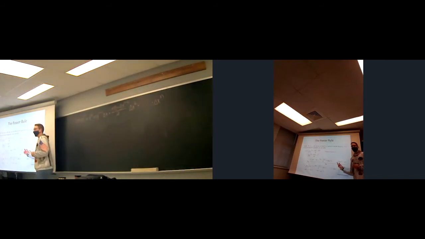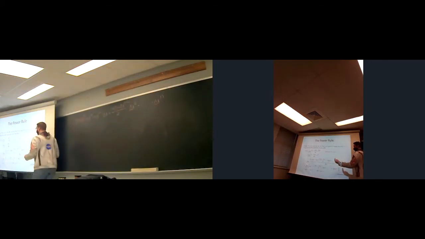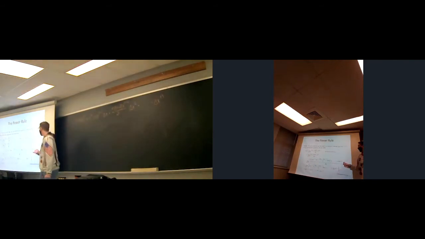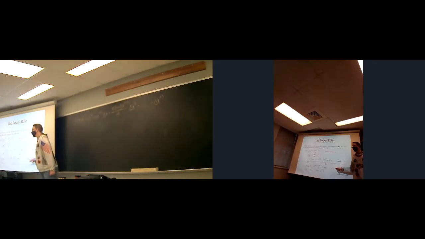That's what I was trying to say a second ago. So when we pull out the delta x from these terms, it cancels with the delta x in the denominator. The x to the n minus x to the n is going to cancel, and we find that this is what we're left with down here.